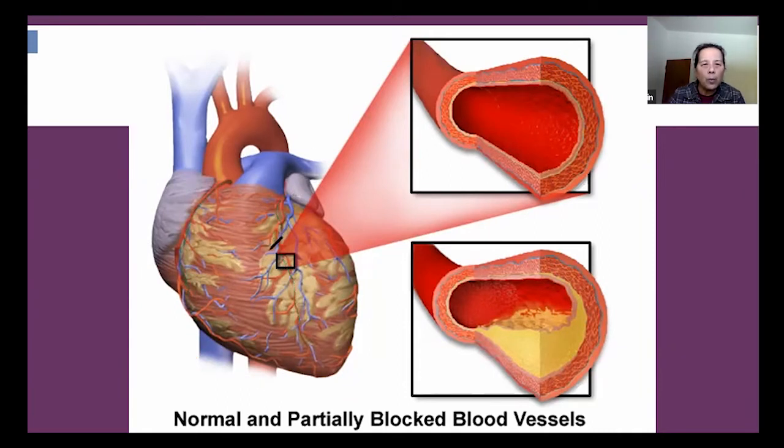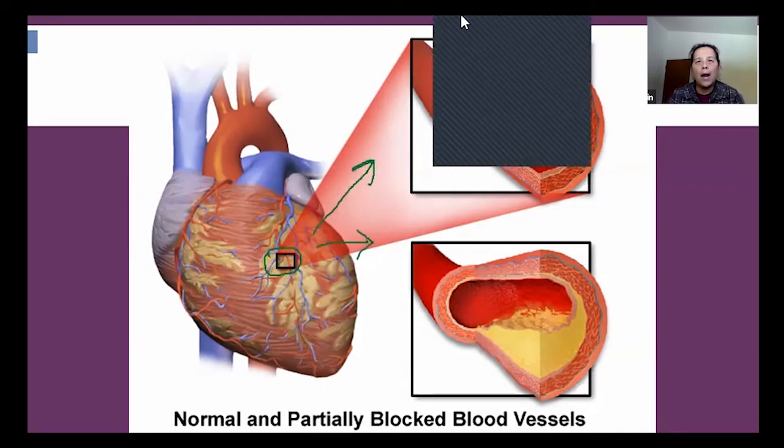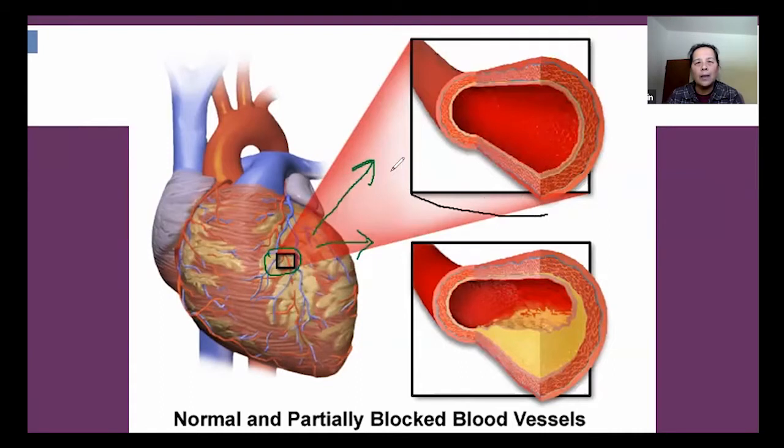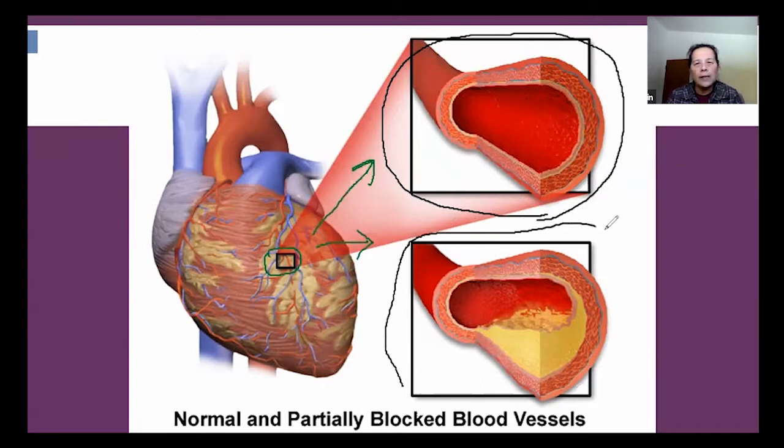Now we take a small piece from here, a middle branch, not the bigger branch here. Then we enlarge it here and here. So the upper part here is the normal condition of the coronary artery. You can see it's pretty smooth. And here is a CAD coronary artery.